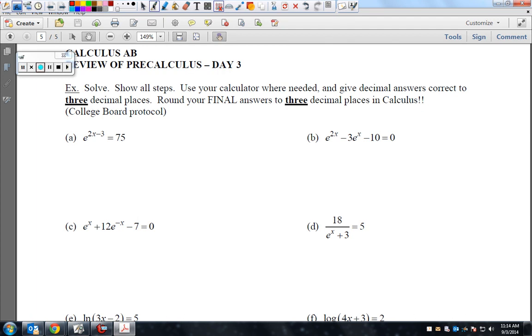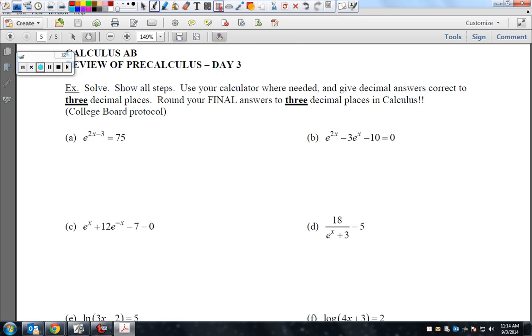C. I'm going to first do what? Okay, so you can't factor because of this negative x, right? It's a little weird. What I will do, and what I suggest to you, is always when you see negative powers, change them to positive powers. So e to the negative x is going to change to 1 over e to the positive x.